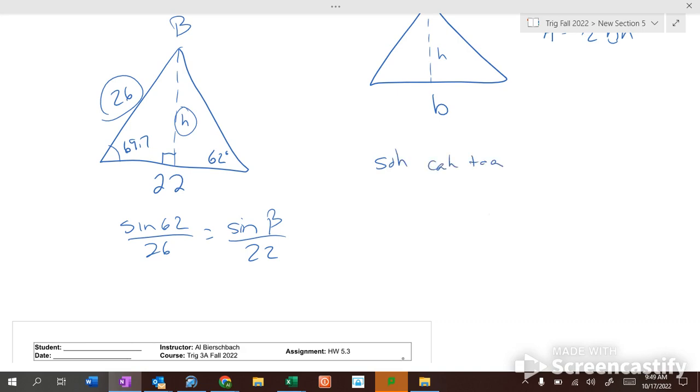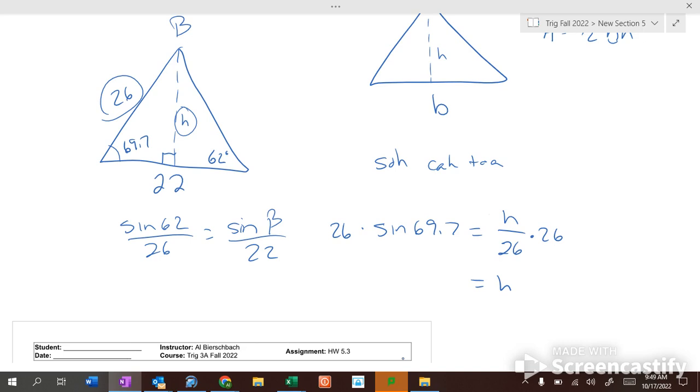So the sine of 69.7 equals the opposite side, height, over the hypotenuse, 26. So if we multiply both sides by 26, we get the height. The height equals 26 times the sine of 69.7.